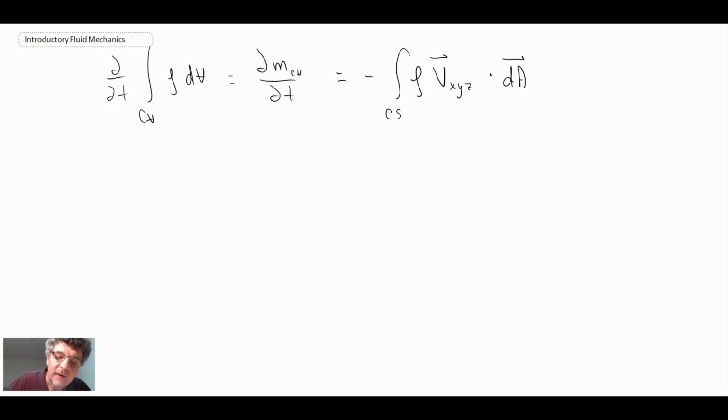So with this, if we're looking at the bottom of our rocket, we have to be careful here with the dot product. Essentially we have a control surface like this, the velocity vector leaving is in this direction, the area vector is in that direction, and consequently this turns out to be positive when we do the dot product.